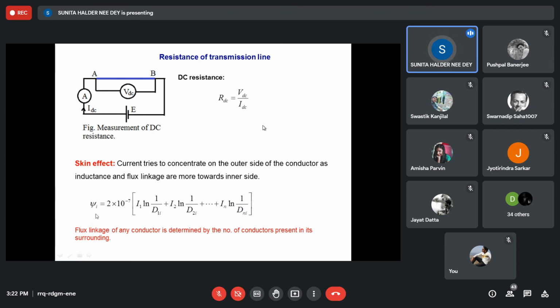We know this expression for psi I. The summation depends on how many other conductors are nearby. Say instead of I1, I2 up to In, n number of conductors are there. If n is 2, then psi I will be less as compared to if n is 5. Understood? Because the summation term will be reduced.